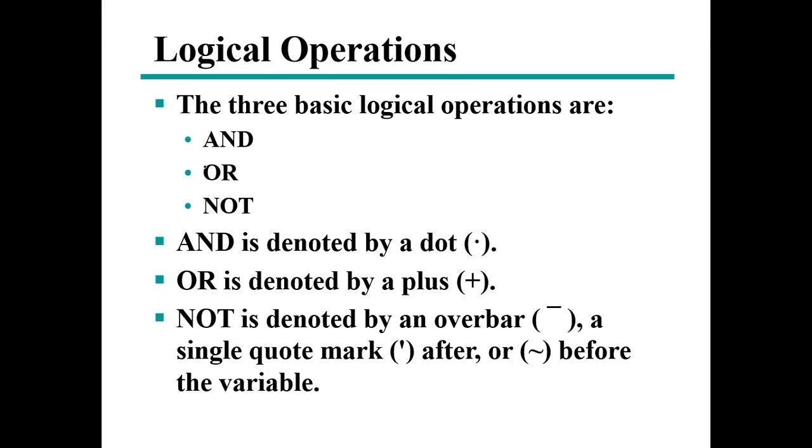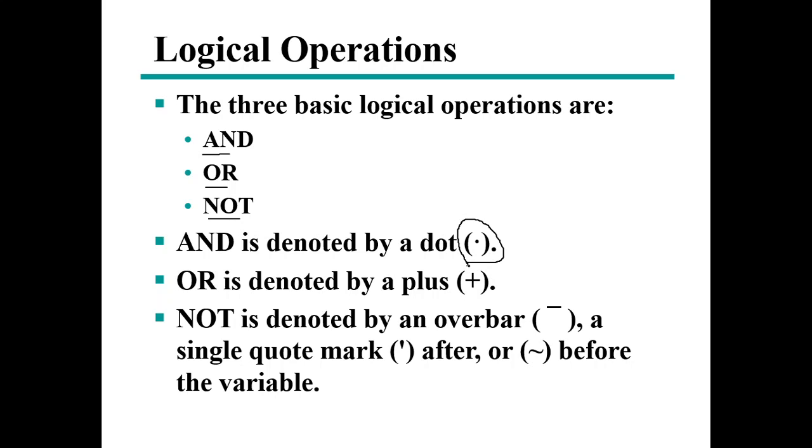Logic operations, we talked about this before. There are three fundamental or basic logic operations: AND, OR, and NOT. I hope you remember our discussion about these functions. We will look at their behavior in the coming slides. AND is denoted by a dot or the absence of anything.